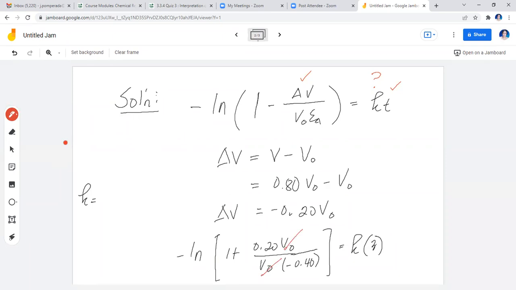So your K will be 0.231 per minute. Okay, so 0.231 per minute. So this is the answer.